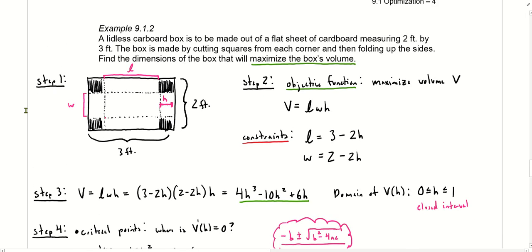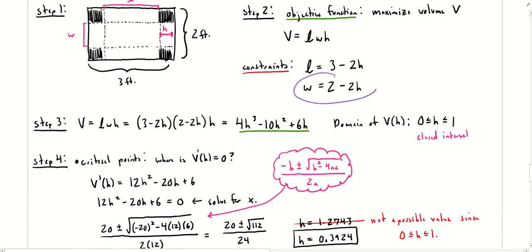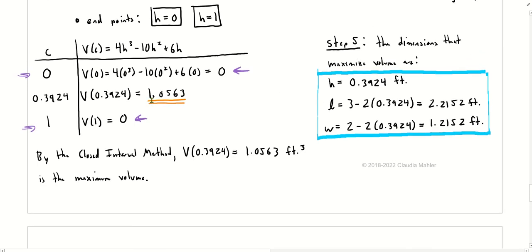We said when h was 1, width is 0, because that basically means we're just cutting this box in half here for the two sides, so we don't again have a volume to speak of. So when h hits its maximum in its domain, just like when it hits its minimum, the volume doesn't even exist. We don't have 3 dimensions, so volume is also 0 there.